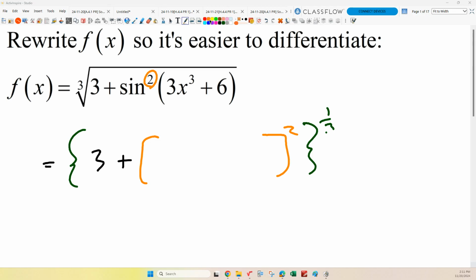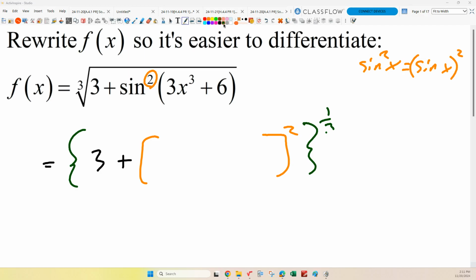Why is it square the whole thing? Because what sine squared of x really means is the quantity sine x, squared. So the next layer is all this stuff being squared.